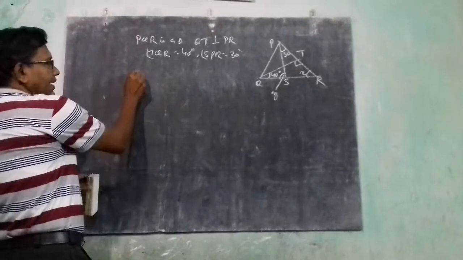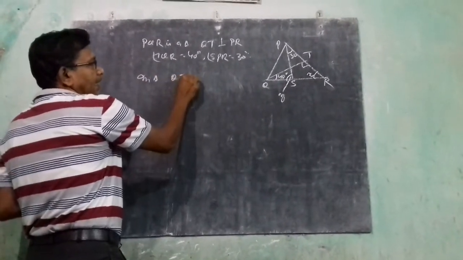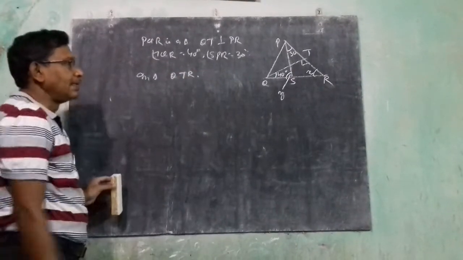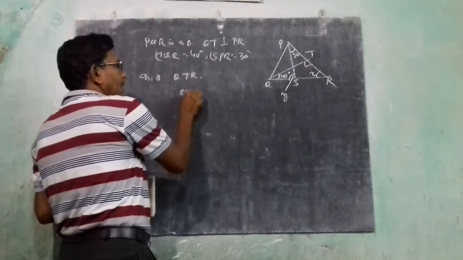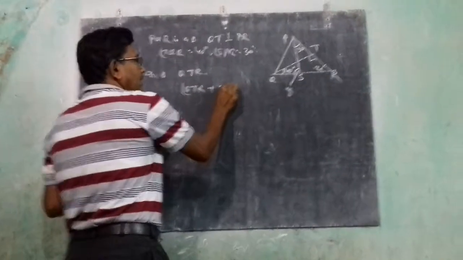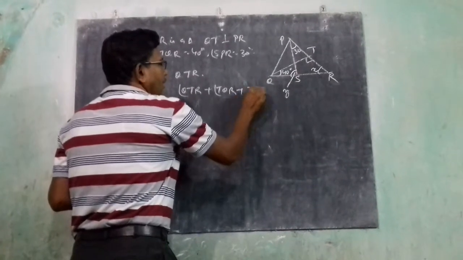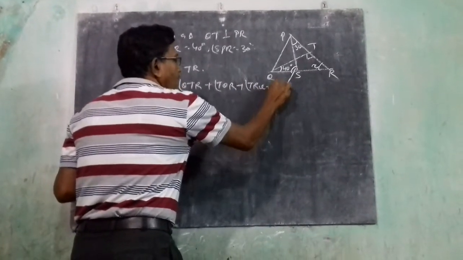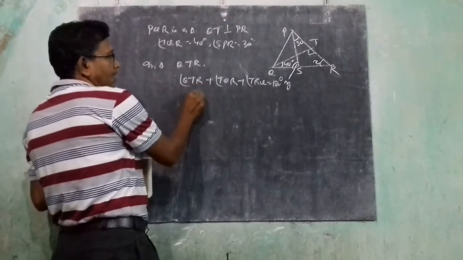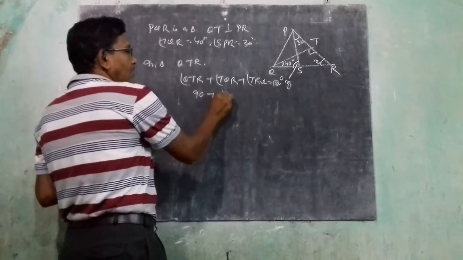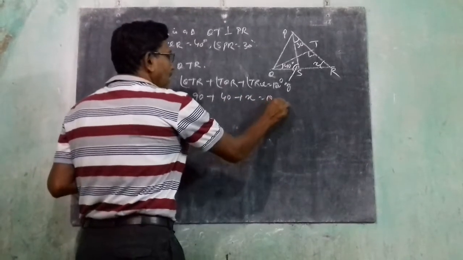Now in triangle QTR, angle QTR plus angle TQR plus angle PRQ equals 180 degrees. QTR is 90 degrees, TQR is 40 degrees, and this value is X degrees, equal to 180.